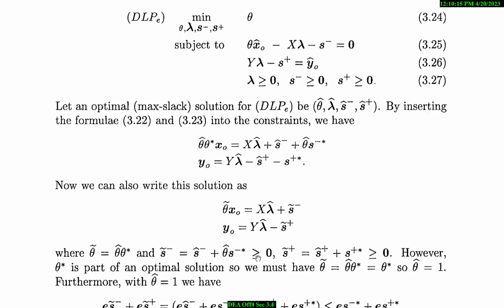Note that this is bigger than or equal to 0 because all of these values are non-negative, and by putting s tilde plus equal to this, which is also non-negative, we have this.